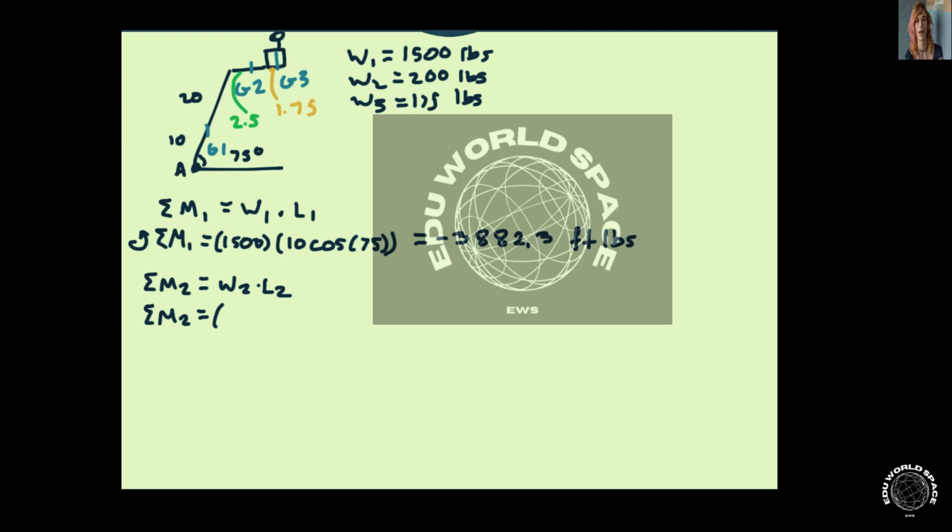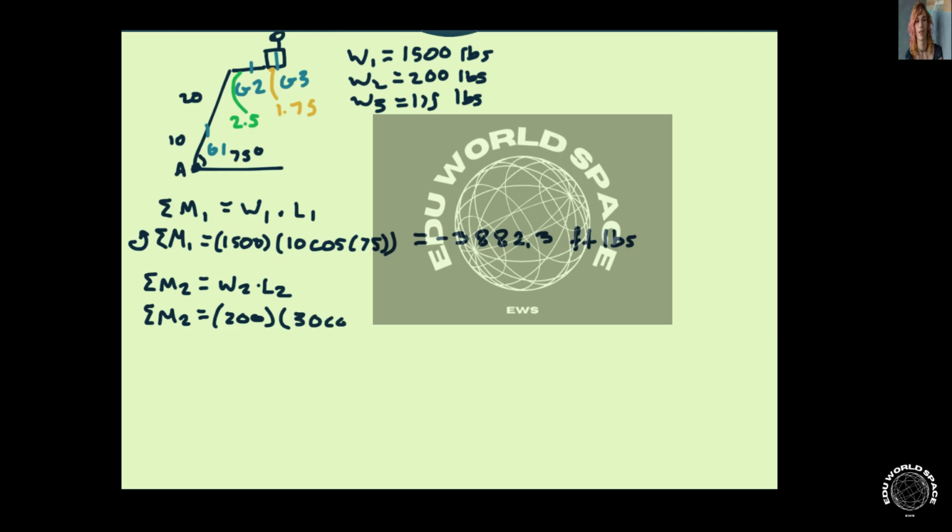Now, for moment 2, the moment at the second point. Same deal. We can replace W2 with this 200 pounds. However, our length is going to be a little bit different. It's going to be the length of this whole arm plus this additional segment. So our length is going to look like this.